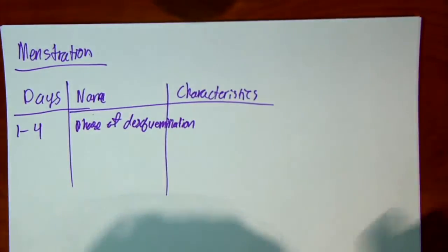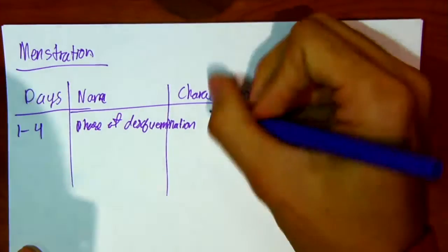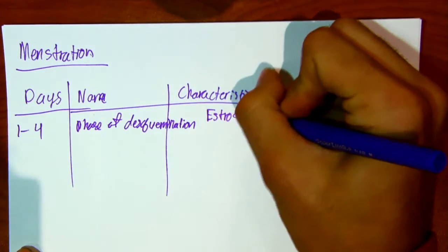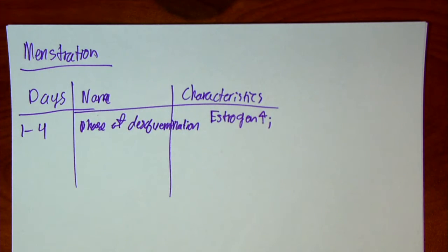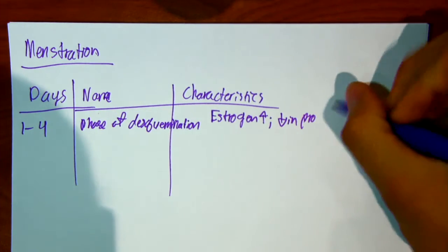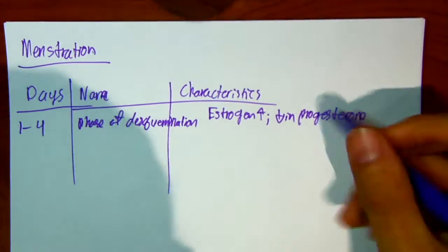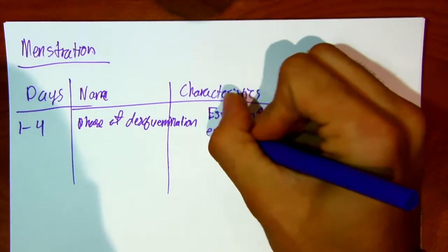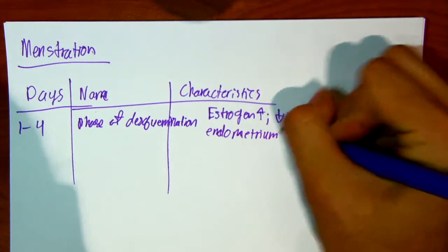All right, so some characteristics about this phase. What happens in this phase? Let's talk about hormone levels. What happens to the endometrium? So which hormone goes up? Estrogen increase. All right, what about the other hormone, progesterone? What happens to it? Good, decrease. All right. Now, in this stage is actually where we see the endometrium is shedding.